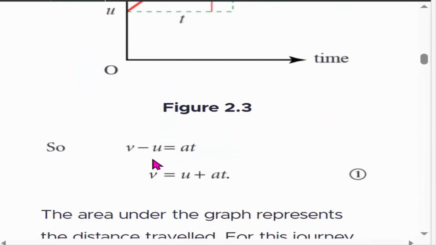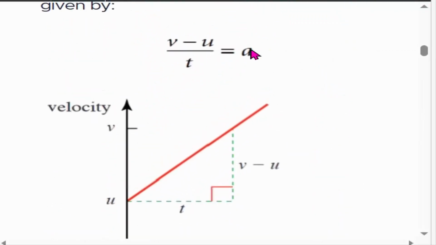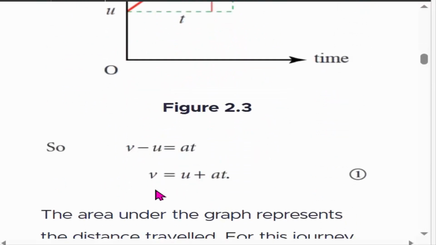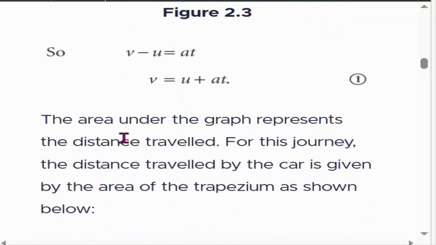By cross multiplication, v minus u equals at, which gives v equals u plus at. This is a very important formula: the velocity after t seconds is equal to the initial velocity plus the acceleration times the time taken t. v equals u plus at.